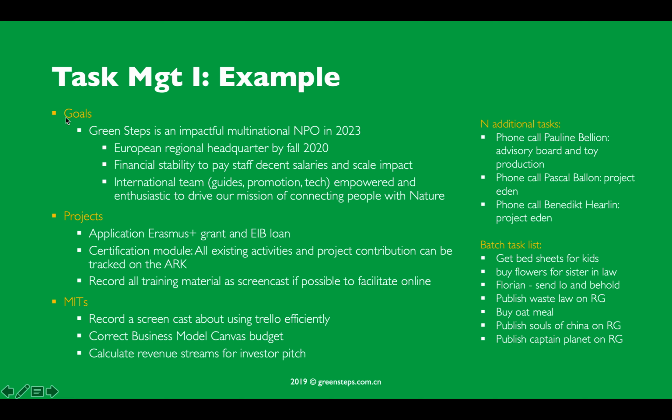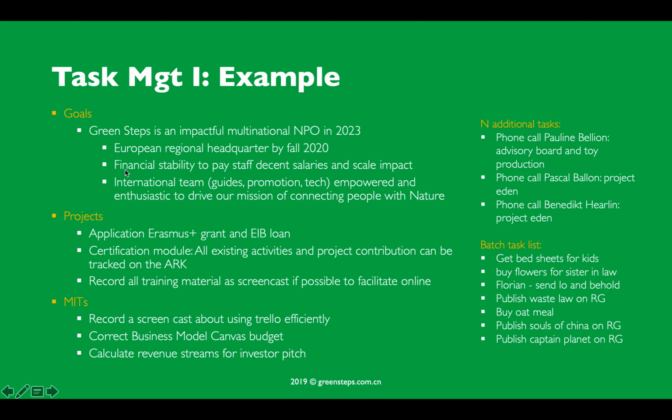So let's start with the goals. The goal for me is that Green Steps should be an impactful multinational non-profit in 2023. This is a 5-year goal because we started in 2018, and this is what I hope will be the outcome from our hard work. What are the sub-goals? A sub-goal is that we can establish a European regional headquarter by fall 2020.